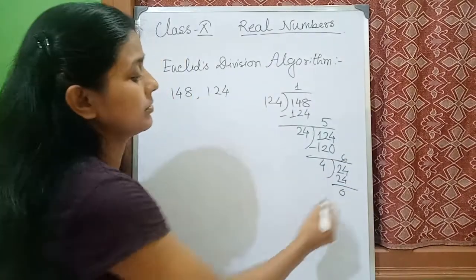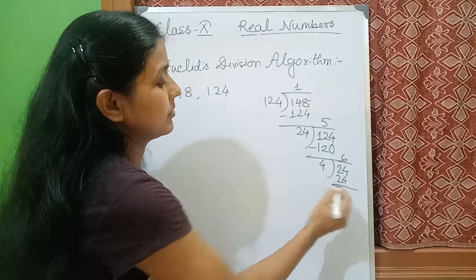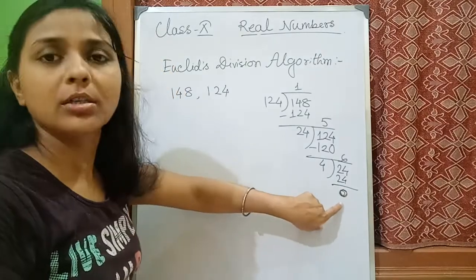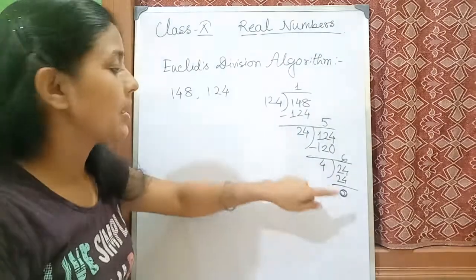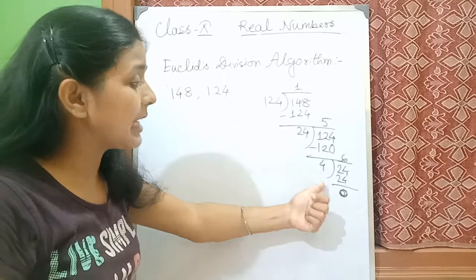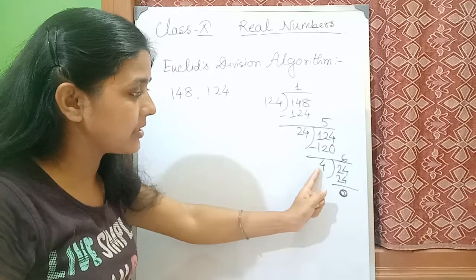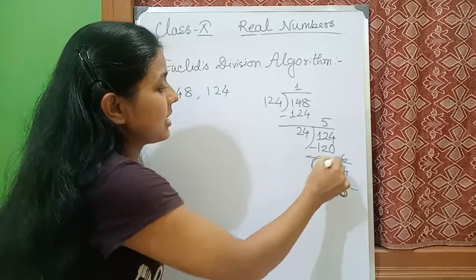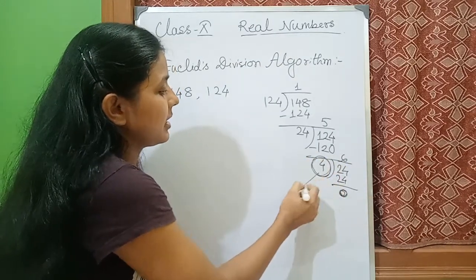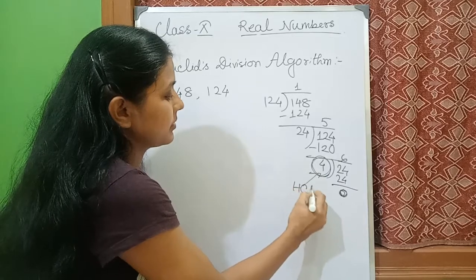And this is 0. So once we have got 0 in this long division process, we will stop over there. And then the last division's divisor, that means 4. The last division's divisor is HCF.